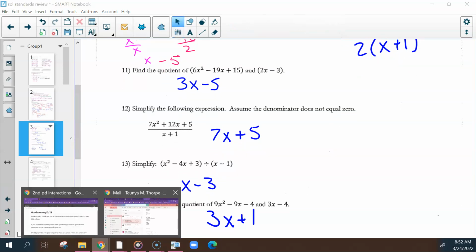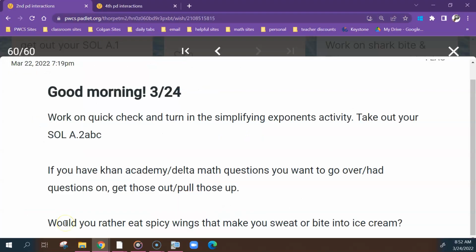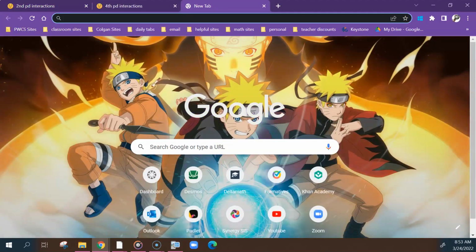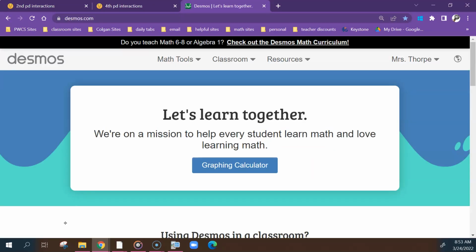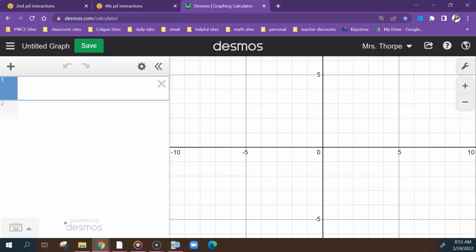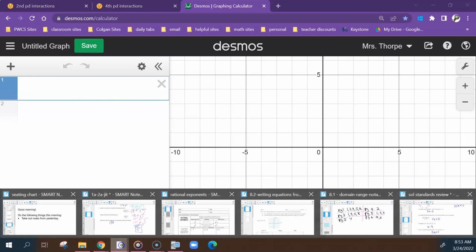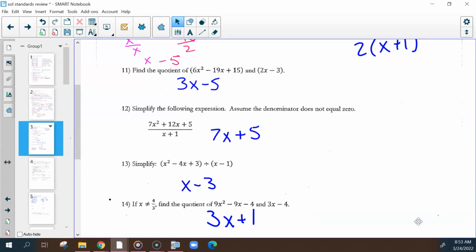The other thing you should do is put this into Desmos as decimals. So let's say I put in 7x squared plus 12x plus 5.